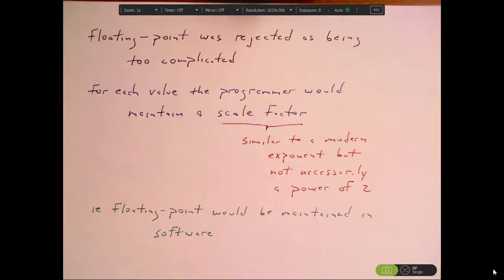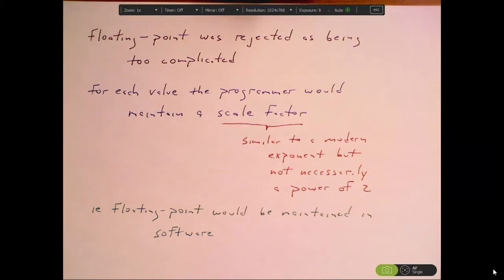By the way, they don't use the word CPU; they use control. So what this meant with these fixed point values is that for each value the programmer would maintain a scale factor, sort of similar to the modern exponent that we see in floating point values, but of course not necessarily a power of 2.